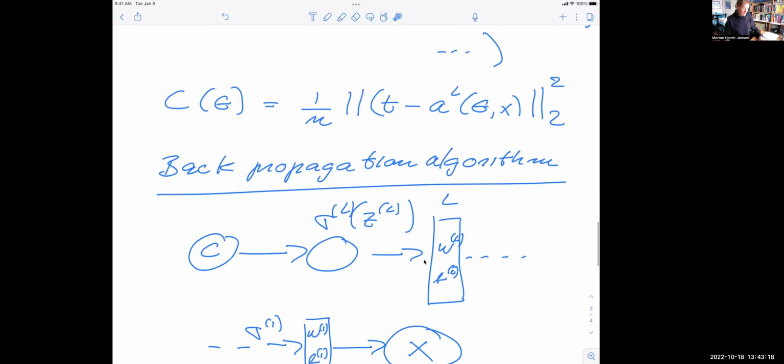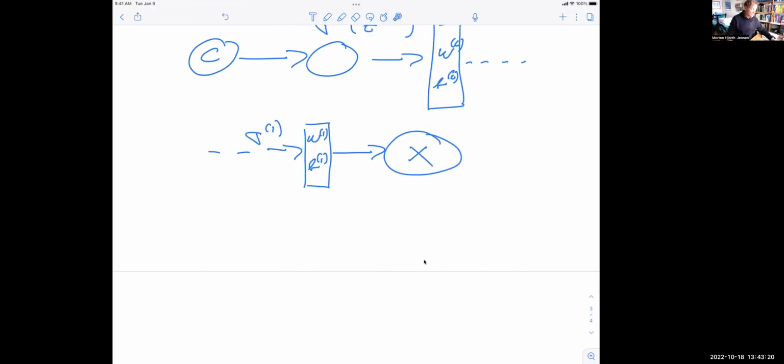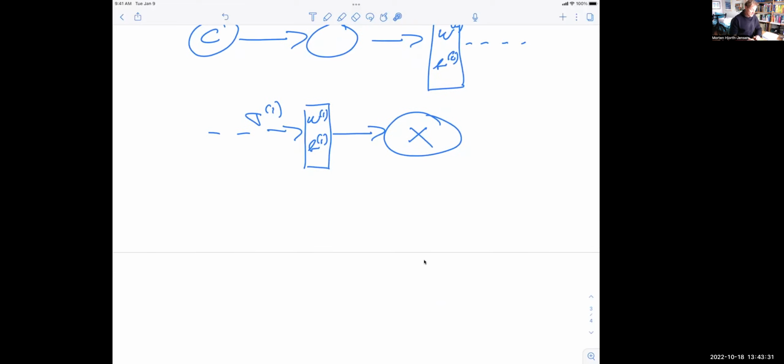Now, if you look at what we need to do with the derivatives of the cost function in a previous stage, this is where the chain rule comes in. Looking at the basic operations of the back propagation algorithm, I'm going to use a common denominator theta for the weights and the biases.